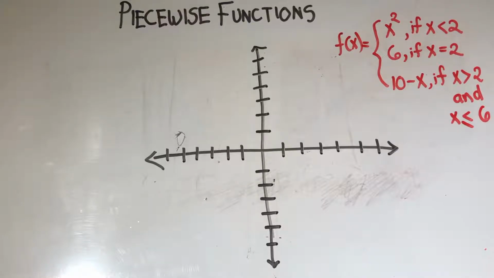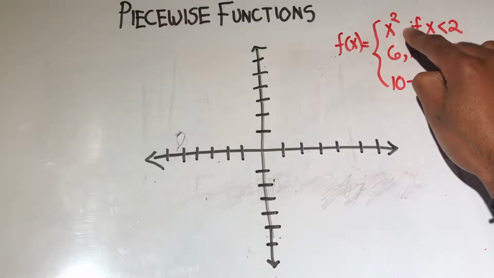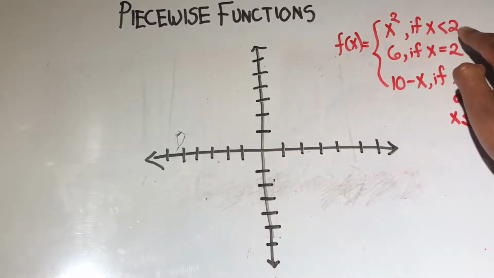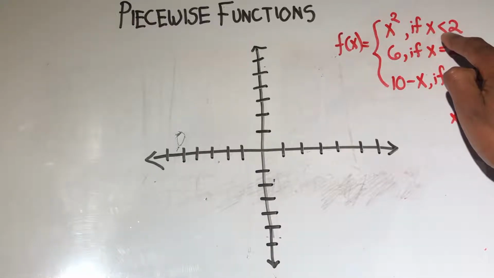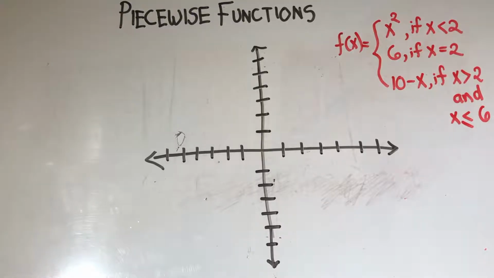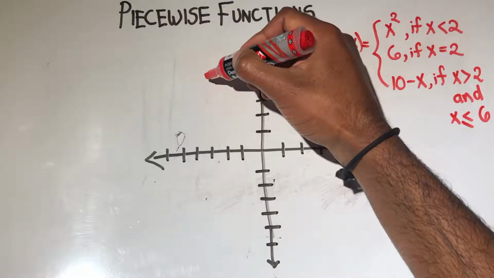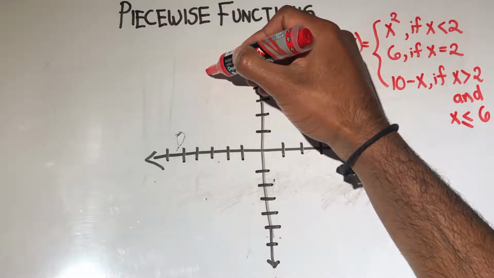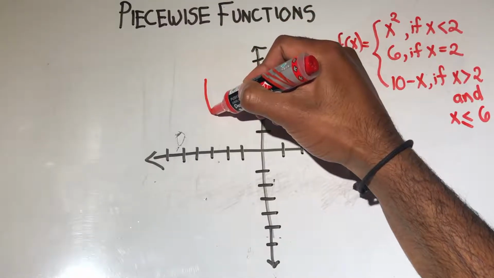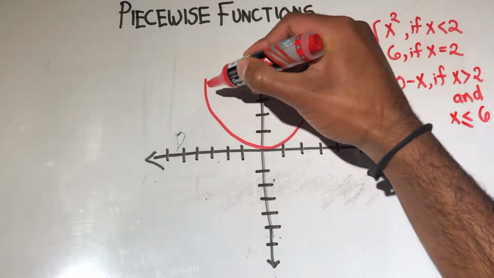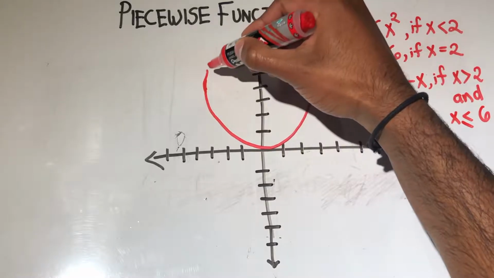Now our first function, x squared, which is just a parabola, is restricted for values that are less than 2. We all know a parabola simply looks like this. It's just a rough sketch.